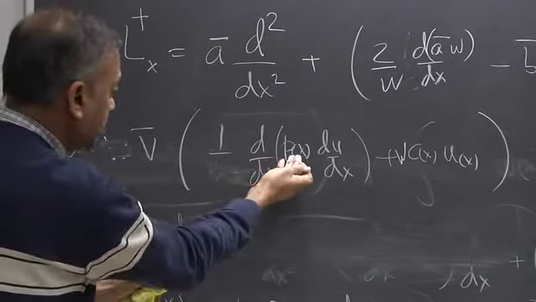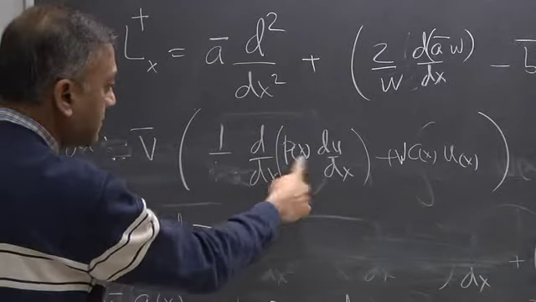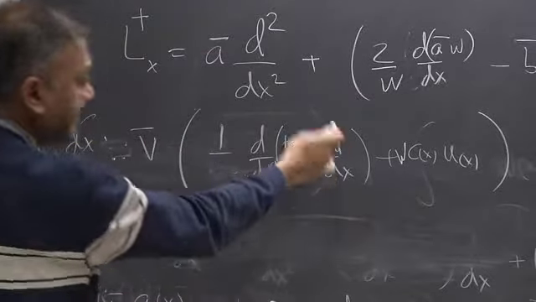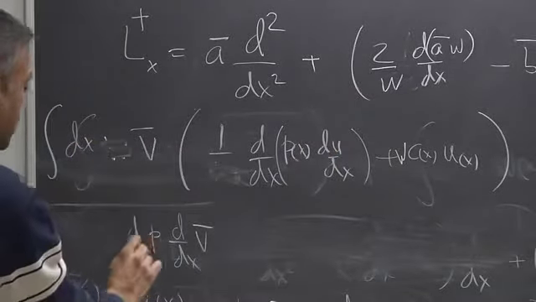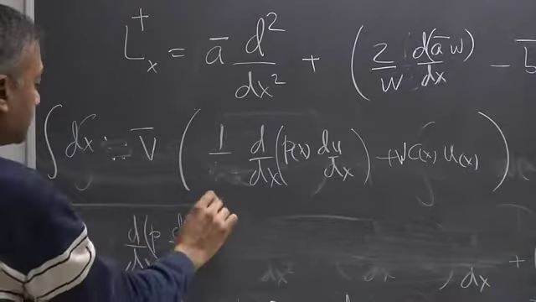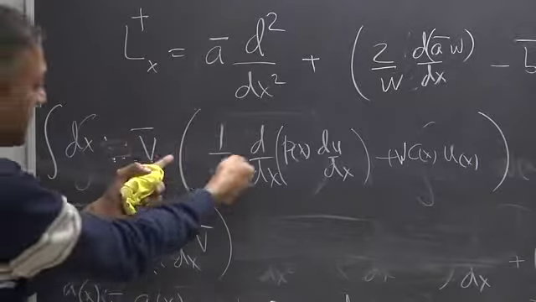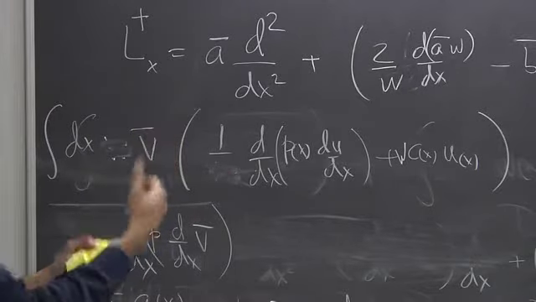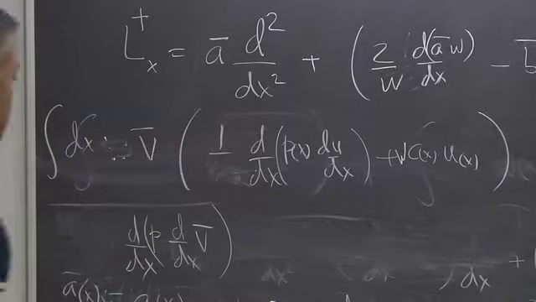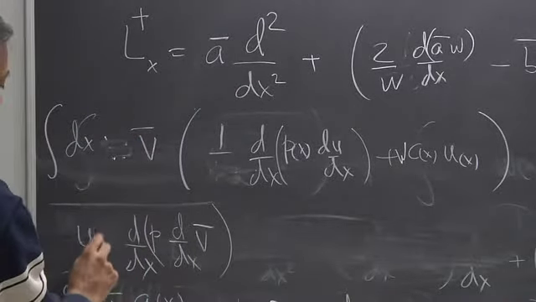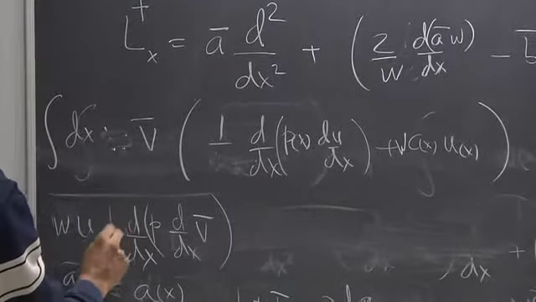Then I'm left with the p here, and then I do a second partial integration. With the second d by dx, I move it across, so I will get d by dx again here. There will be two minus signs, so the combined thing is plus, because each time I move it across, there's a minus sign. And then again, times u. Let me multiply and divide by w.